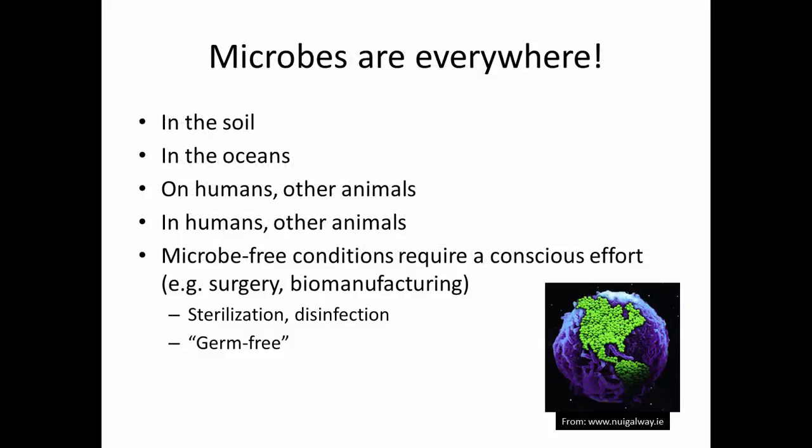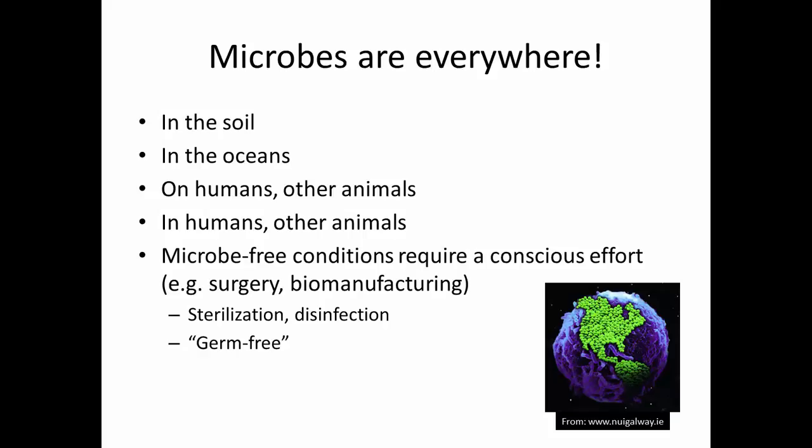Okay, so we talk about microbes and bacteria, yeast, other microscopic organisms. They're everywhere. They can be found in great numbers in the soil, in the oceans, on us as well as in us, and on and in other animals.